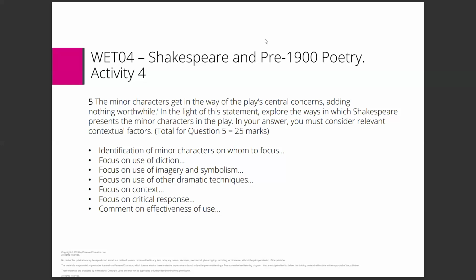They could begin by choosing their characters, but also making a statement as to whether they feel their characters or characterization supports or challenges the steer. And then they could begin to look at those aspects of crafting. So notice that diction and language form one part of a larger answer. We have other focuses on language with our imagery and symbolism, but we're thinking about them in terms of their dramatic contexts and how they are read by an audience in performance.